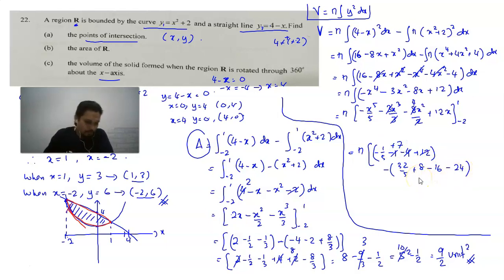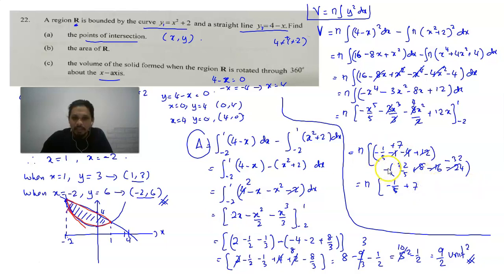Okay, now 8 minus 16 minus 24 equals negative 32. Okay, so now it's negative 1 over 5 plus 7.